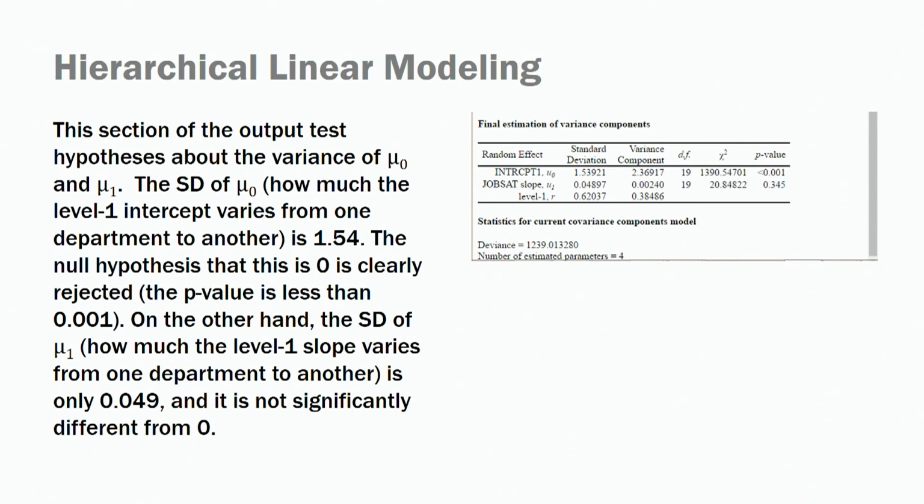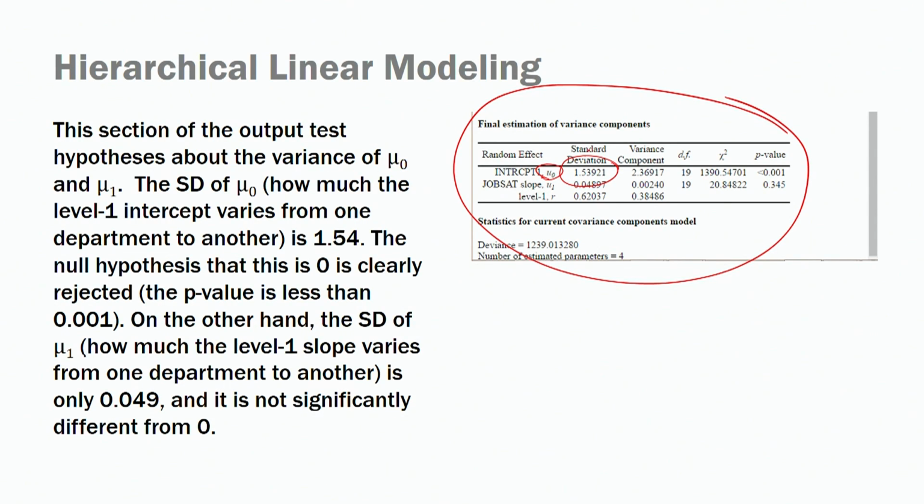And we look at this part of the output here. Okay. We notice that for the intercept, our mu0, the standard deviation there is 1.54. If we look at the p-value, we find that this standard deviation is definitely different from 0.